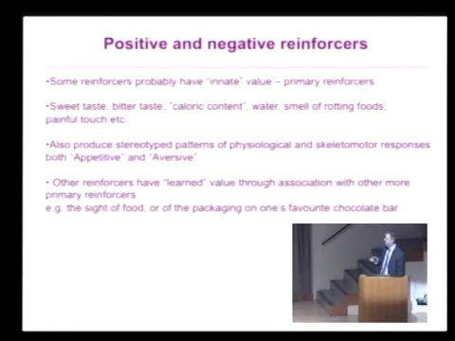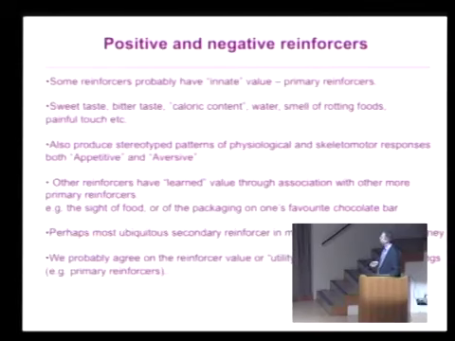So an example could be the sight of food or the packaging on one's favorite chocolate bar. Right? That's clearly not something you will have assigned value to from birth, but something you will have learned through experience, that when you see that packaging, it means you can get this nice chocolate, for example.